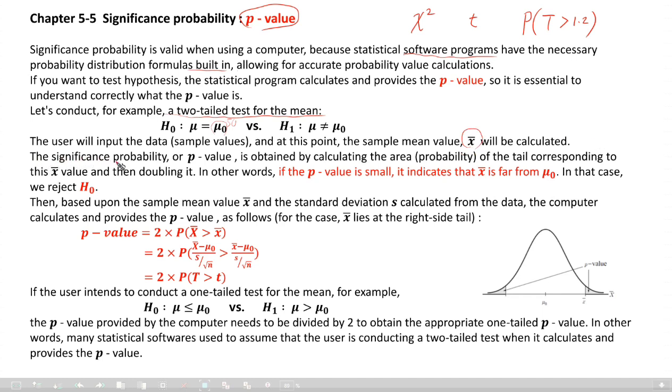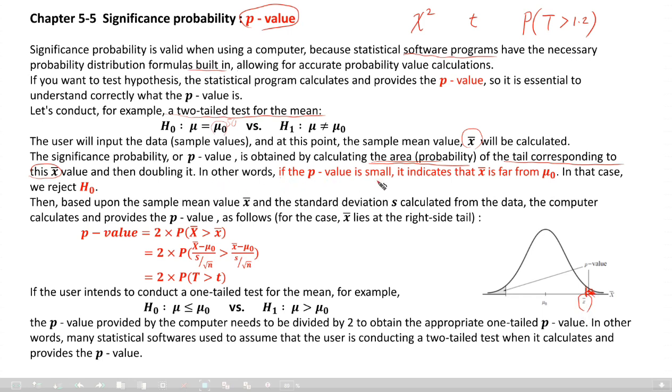The significance probability is obtained by calculating the area. In this case, area means the probability of the tail corresponding to this x bar value. Say x bar here, okay? Then this probability will be calculated from the t distribution.